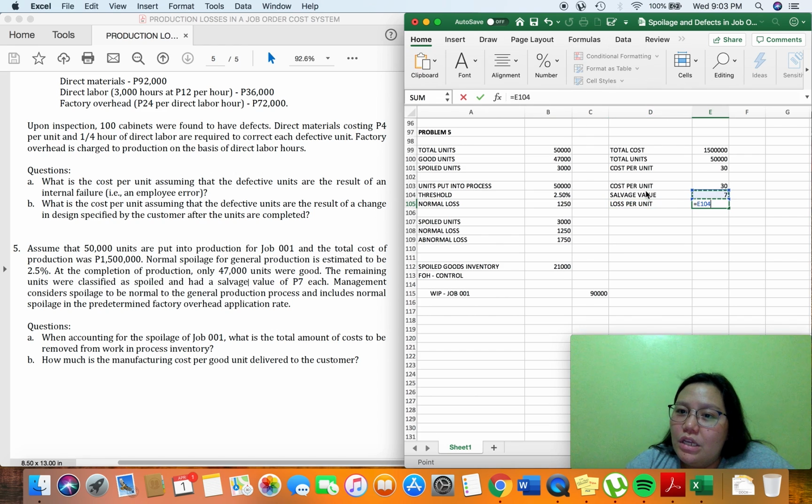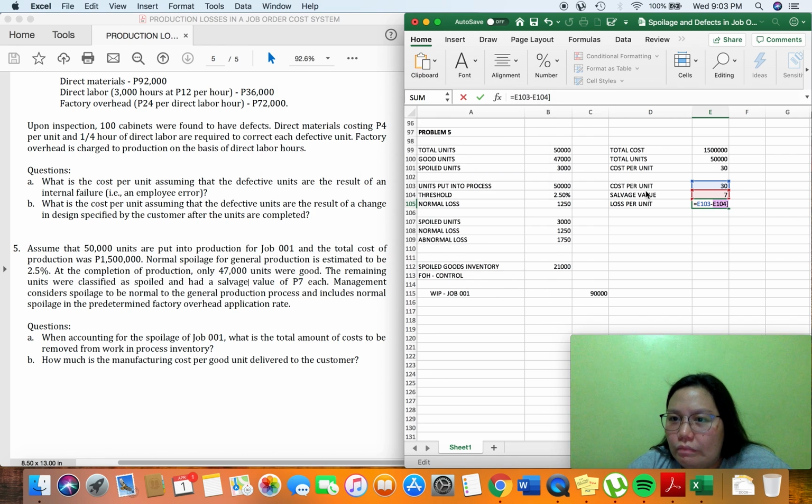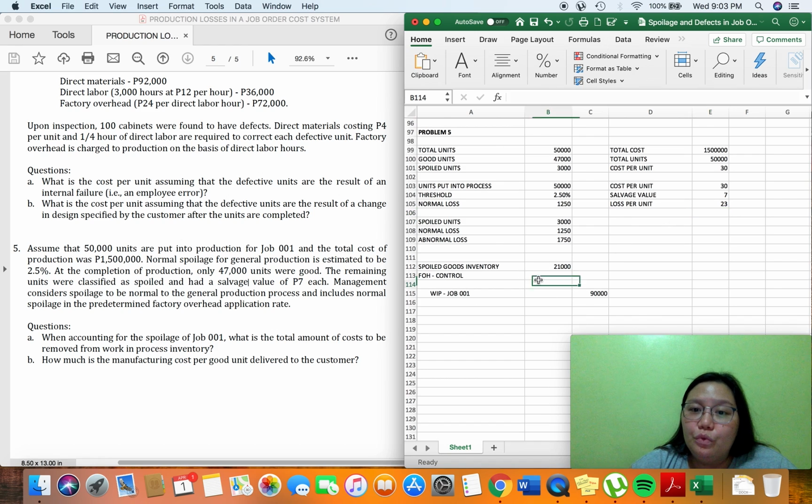So, 30 minus 7, we have 23 per unit. So, to compute for the amount of our normal loss, diba, the cost of the normal loss, we have 1,250 multiplied by 23, which is our loss per unit.